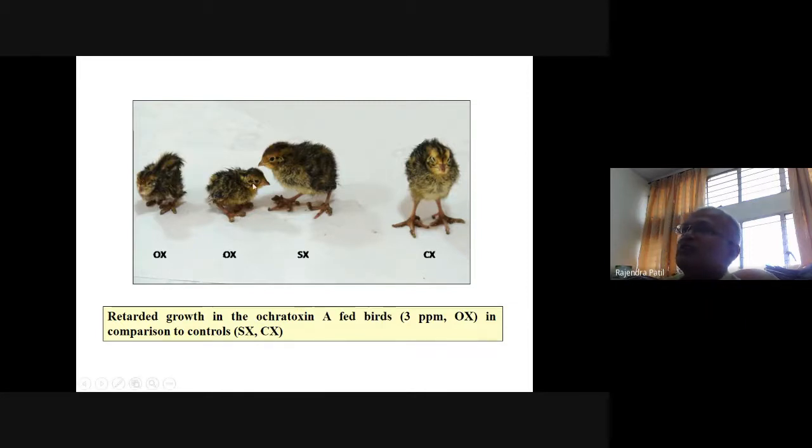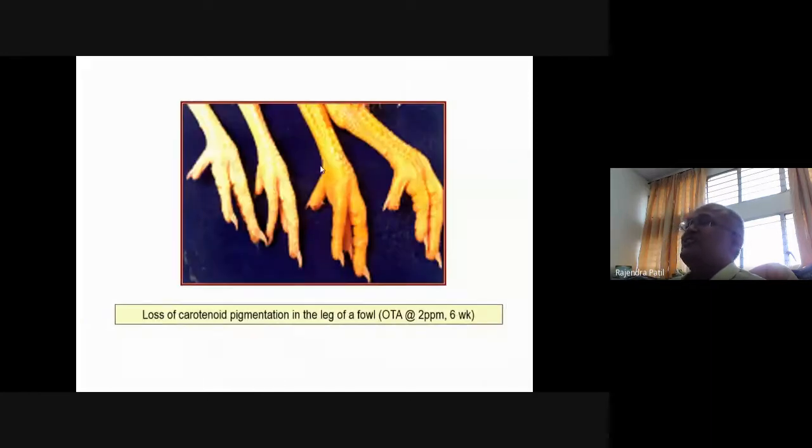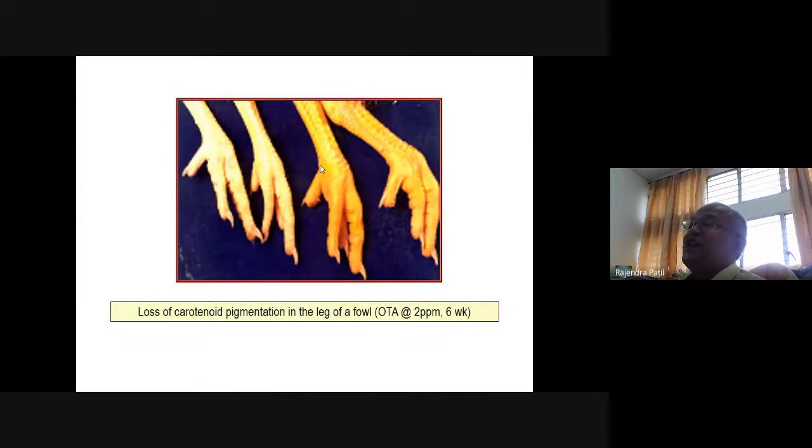Both are dull, depressed, reduced in weight, with ruffled feathers, and even the development of the feathers is affected. In the SX group, we gave the Cibothon leaf extract as an ameliorative agent, and it showed partial protection against ochratoxin-induced toxicity in Japanese quail.